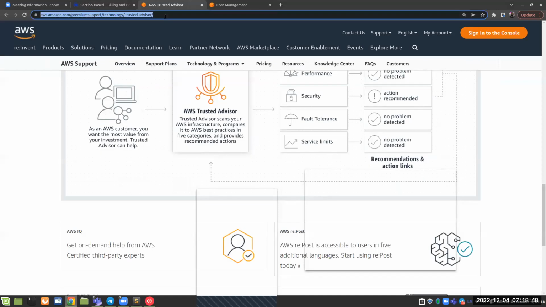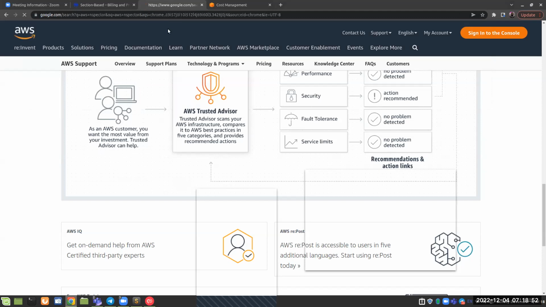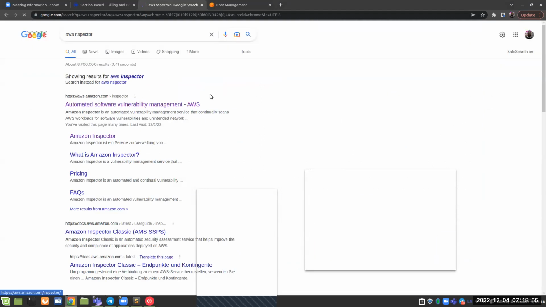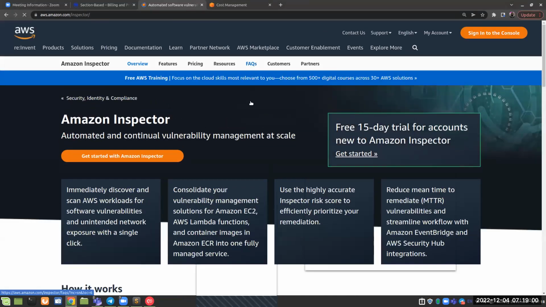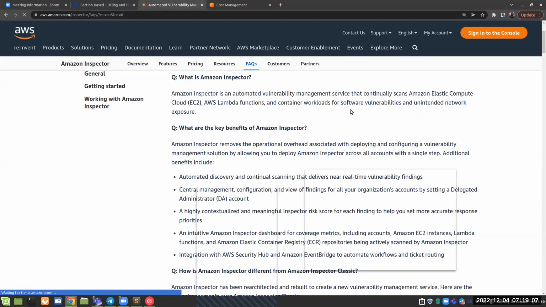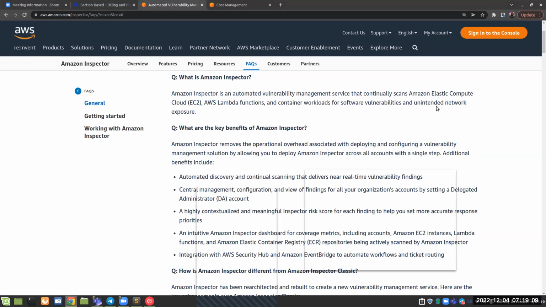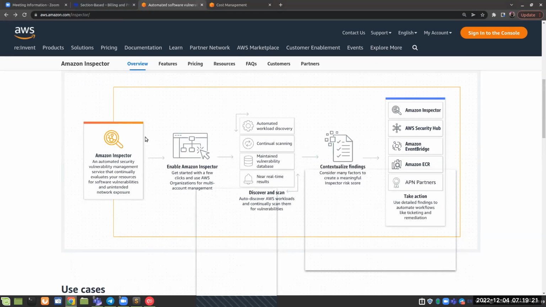If you come to AWS Inspector, I think it's on frequently asked questions, you see unintended network exposure. That's another thing that AWS Inspector will do, for software vulnerabilities and unintended network exposure.